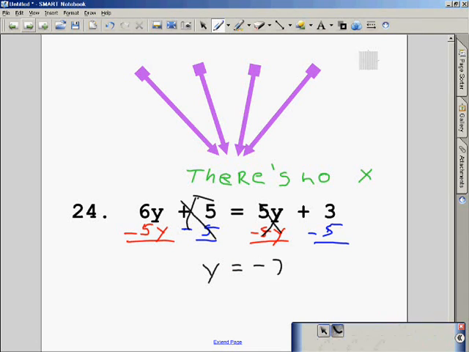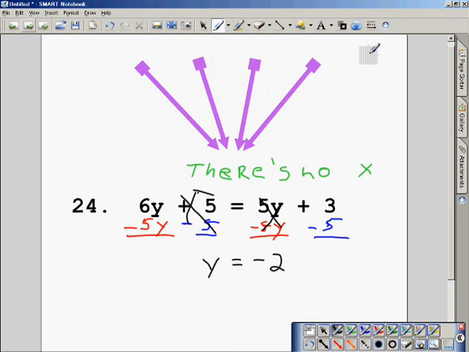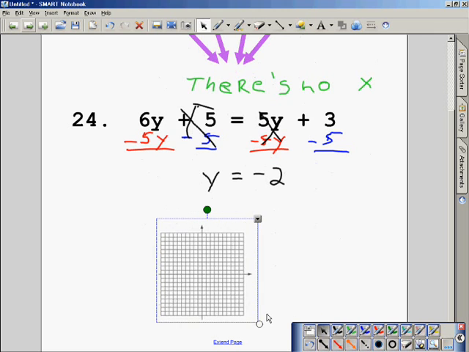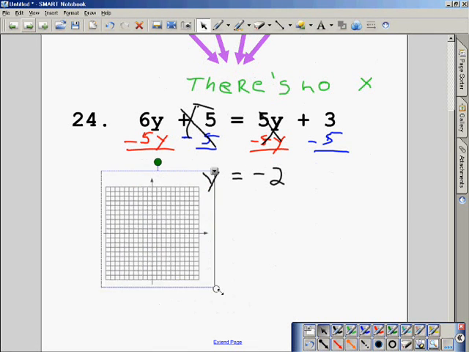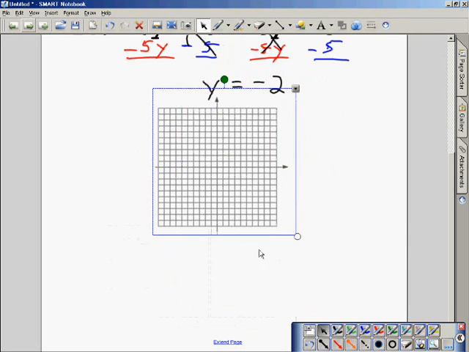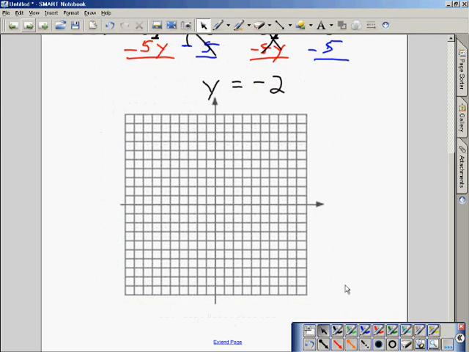Now we've seen these kinds of problems before. But this is the first time in this chapter, really. So to graph this, since it only has y, and that's what makes it weird or strange, take a look at a graph, and where is y equal to -2?